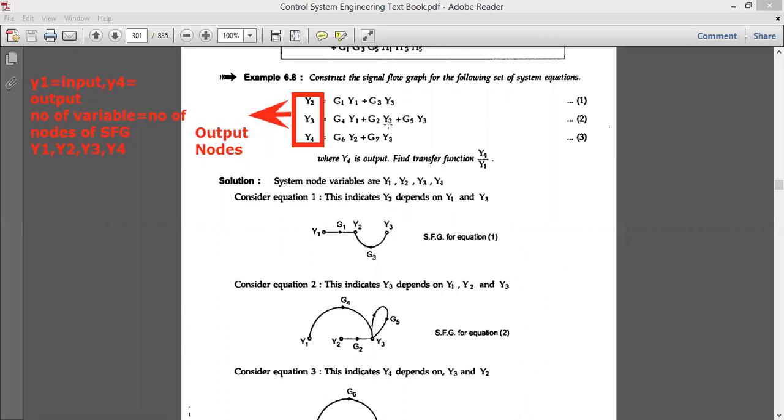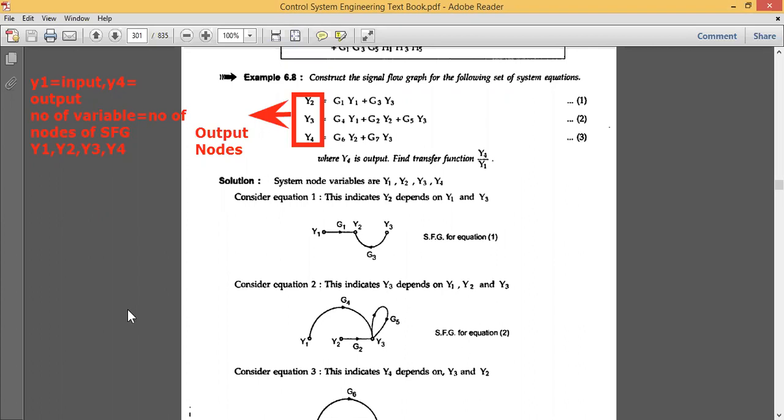Now start at y2 and end at y3, draw a line and name it g2. Similarly, y3 should start at point y3 and end at the same point y3, and give the coefficient name g5. In this way we draw the signal flow graph for equation number 2.